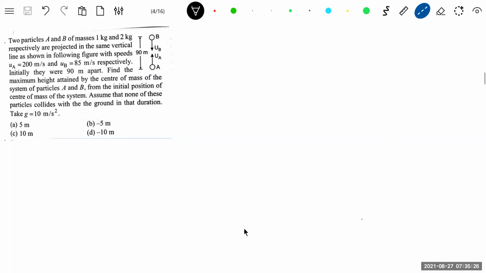So let's take the situation, just have an idea. Initially they are at 90 meters, so this is ball B, this is ball A. Okay, this will be on the ground.